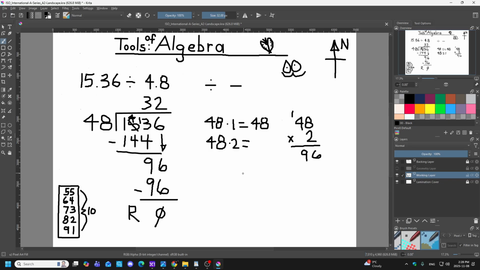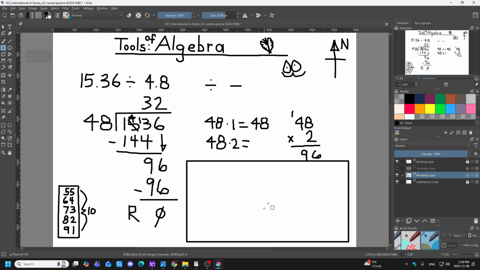Now, to figure out where the decimals go, let me show you. I like to set it up in a multiplication format. 48, 32, and 1536.